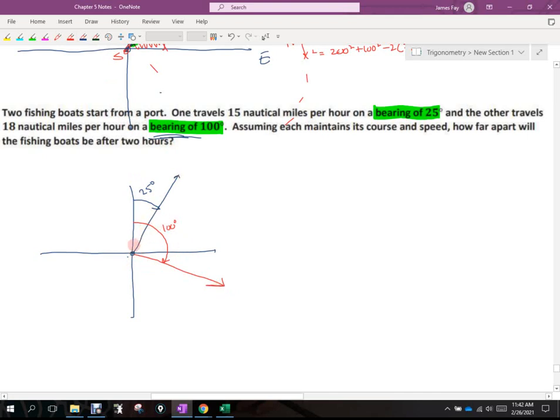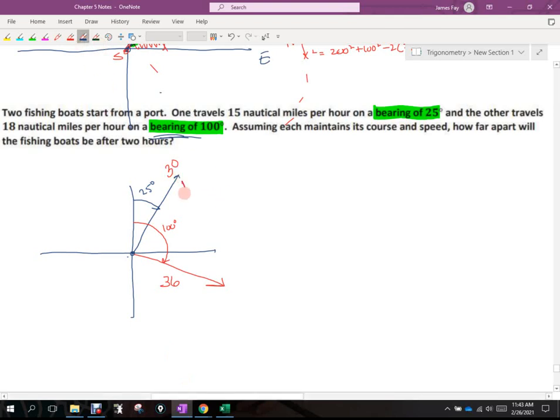Because that's what I want. I want a distance here. Okay, so distance equals rate times time, right? So this blue one is going to have a length of 30. And this red one is going to have a length of 36. Okay. The question is then after 2 hours, how far apart are they?